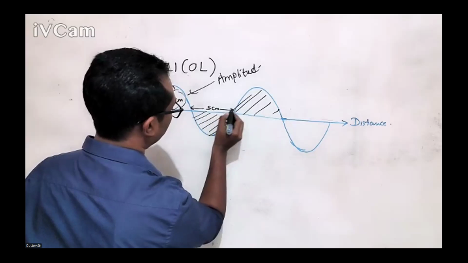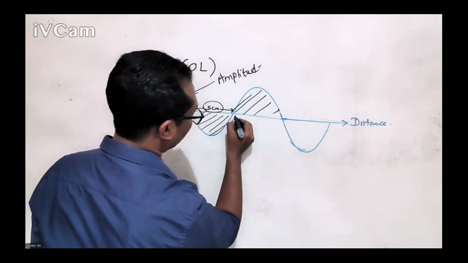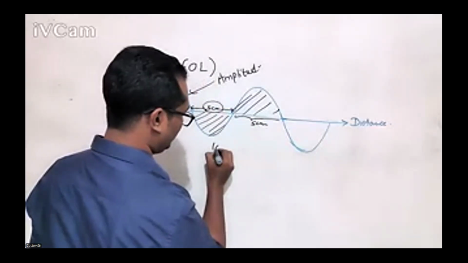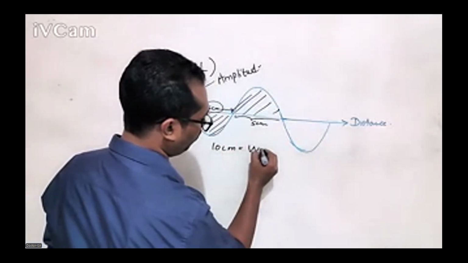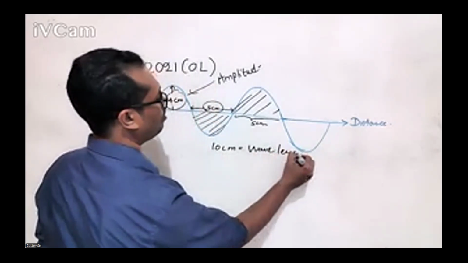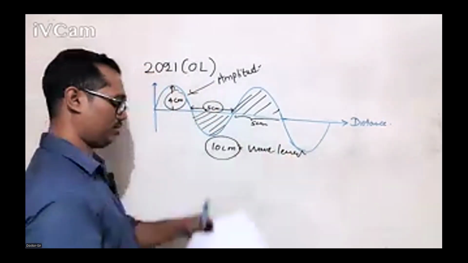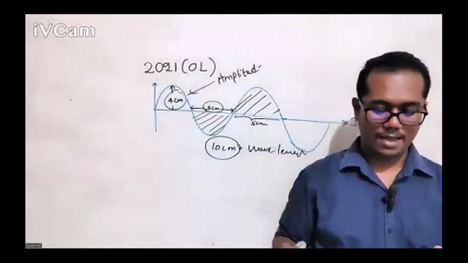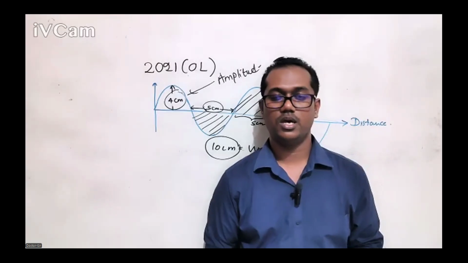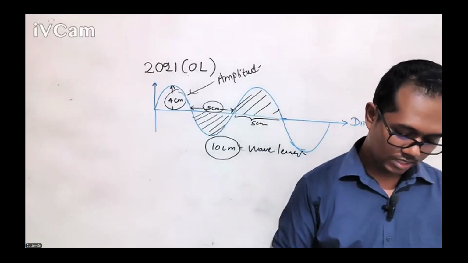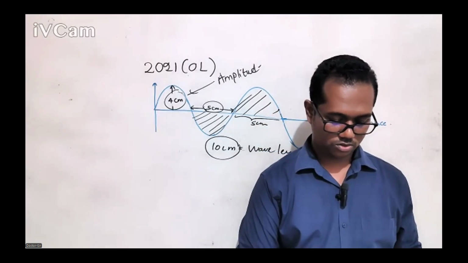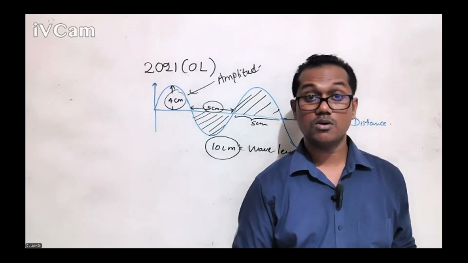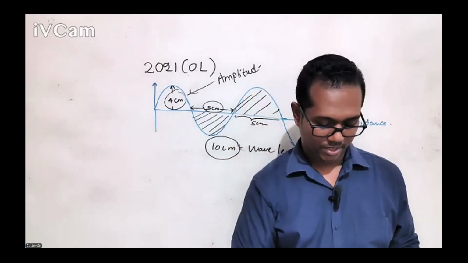So this 5 centimeter and another 5 centimeter we should consider for the wavelength. So altogether 10 centimeter is the wavelength. So we get the correct answer, 2. That is the application of these things whenever we are learning. So we should practice the questions as well, then only it will go to our deep memory, right?